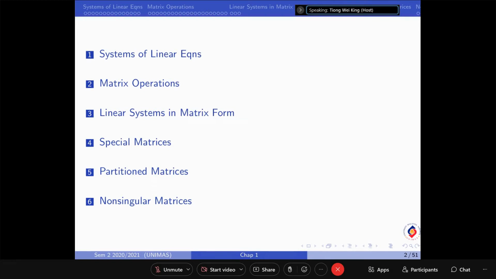Then the linear system in matrix form, which most of you already learned in matriculation, STPM or PRU. Then special matrices, partitioned matrices, and non-singular matrices. Basically, this chapter is the easy one and nothing is very difficult about it.